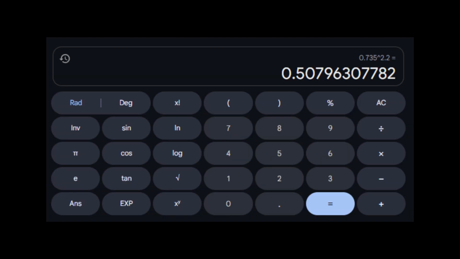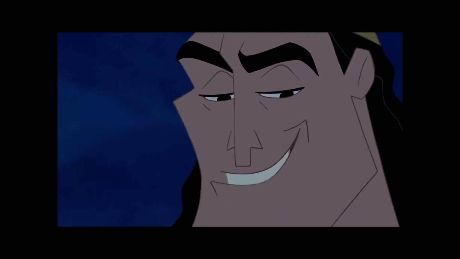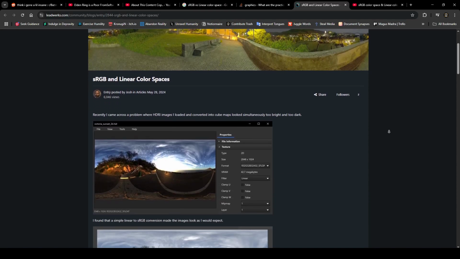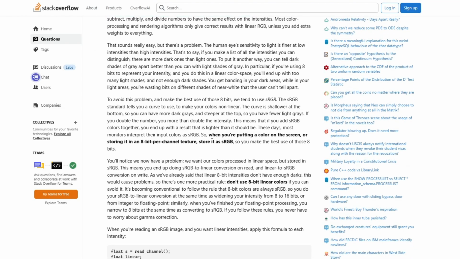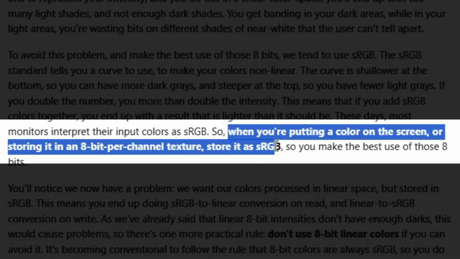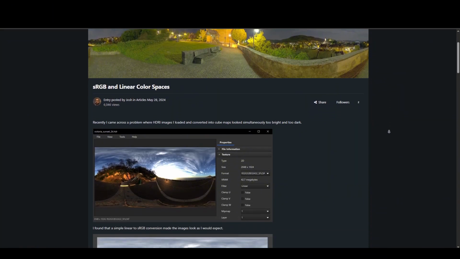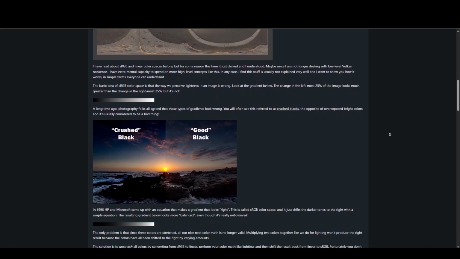Son of a bitch. Son of a bitch. Oh yeah, it's all coming together. Long story short, we usually view digital images in sRGB space. Our browsers work in sRGB, monitors work in sRGB, most of everything digital is in sRGB. However, when you're doing math, literally multiplying and adding colors, it is instead done in linear space.